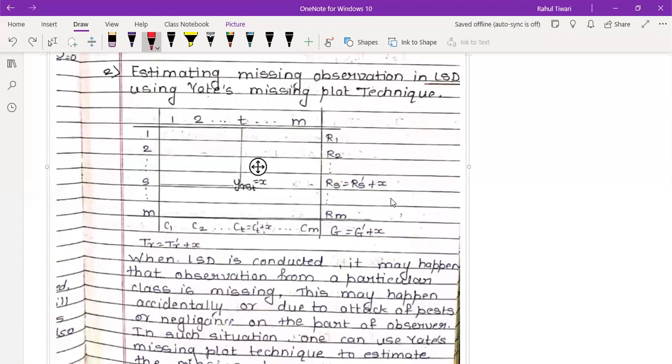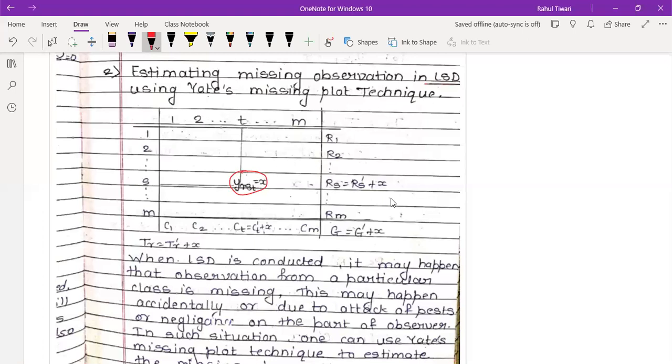Again I will get this particular value x, which is missing. But now look at this, R, S, T. Fine. So there is a row total, a column total, and a treatment total also.